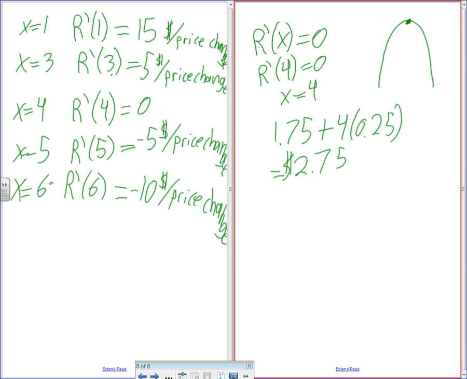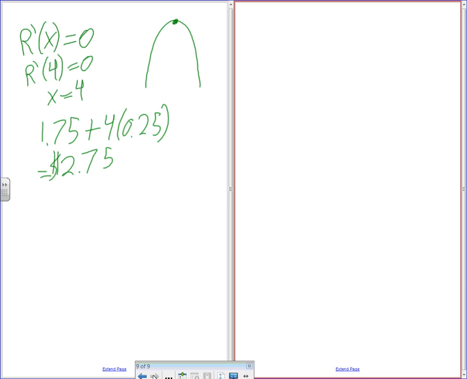Yeah. So then on to D now. If it costs 75 cents to make one smoothie, what will the rate of change in profit be for each price increase in part B?